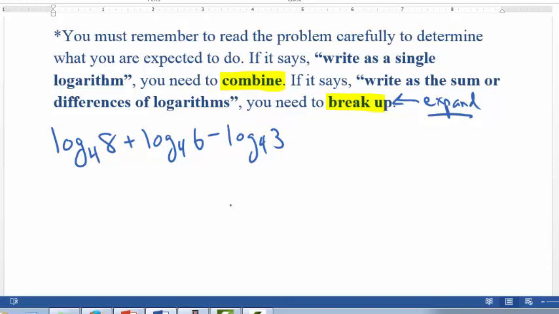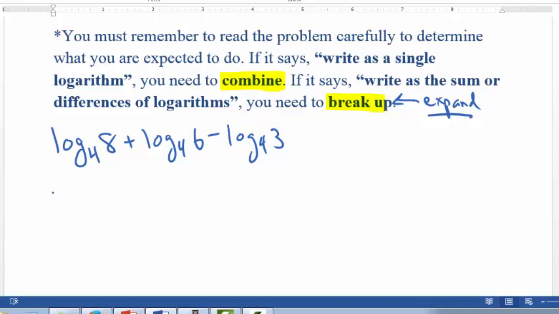Right? You can look at all three of these logs and say, all right, well, none of them are exact, right? So the only thing I would be able to do here is use my change of base formula and get like an approximation for them. The problem is those are just approximations, and you don't want just approximations. You want a precise value if you can.